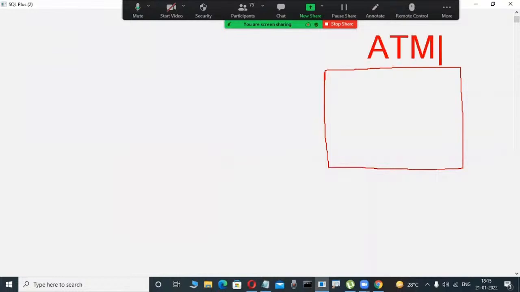Now check out the scenario. This is an ATM machine, for example. One scenario I'm telling, that's enough. Now, what is my balance in my account? 3000 is the balance. Maybe my balance is 3000, for example.